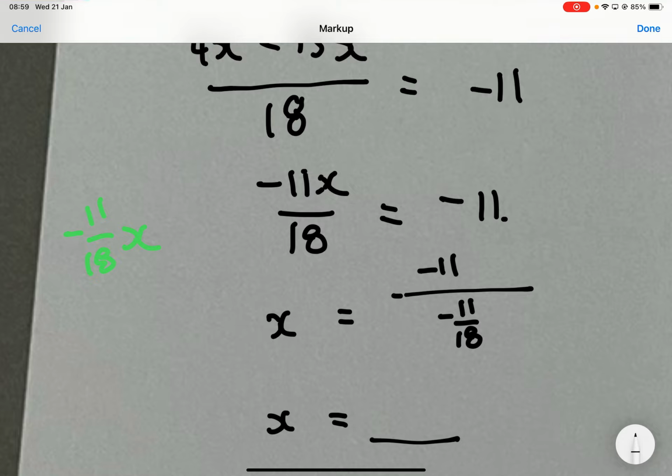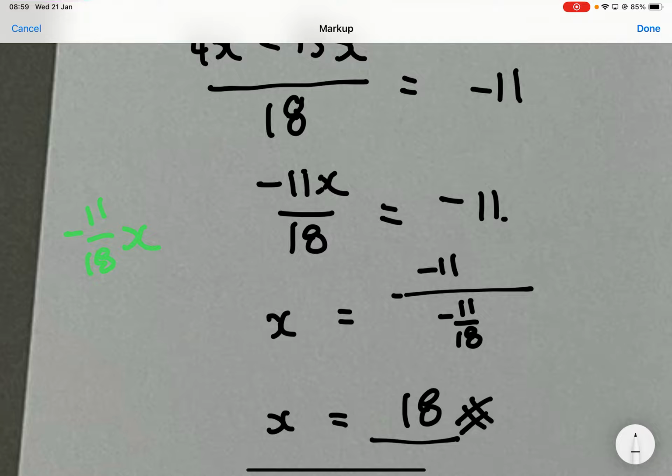Negative 11 over 18. Press calculator. Okay, you can see that the steps are pretty standard one.